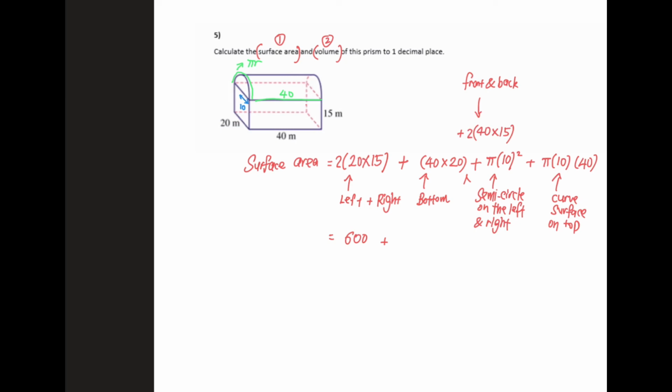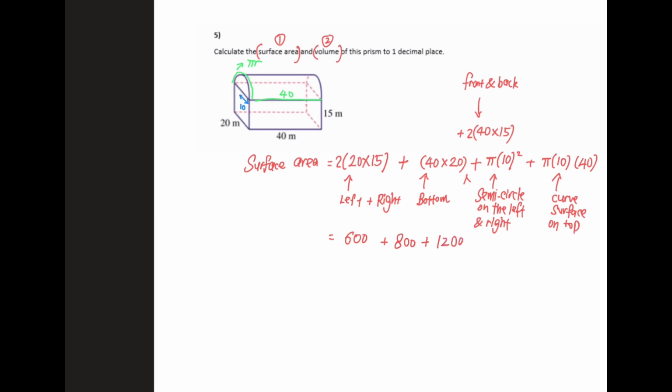Let's continue. Just now where we stopped is the bottom, 40 times 20, which is 800. The front and back, 40 times 15 times 2, that is 1200.